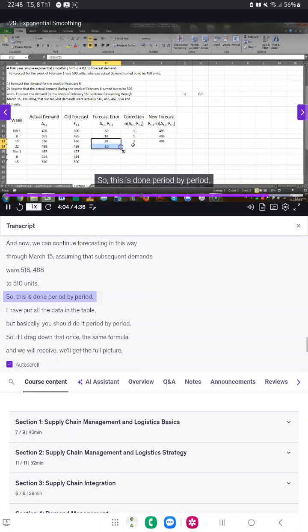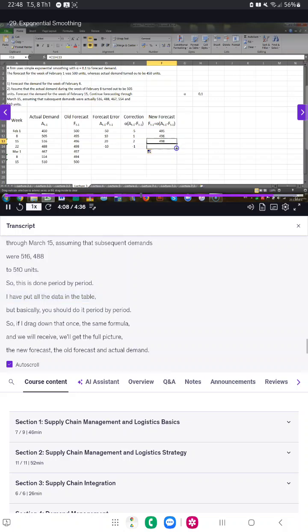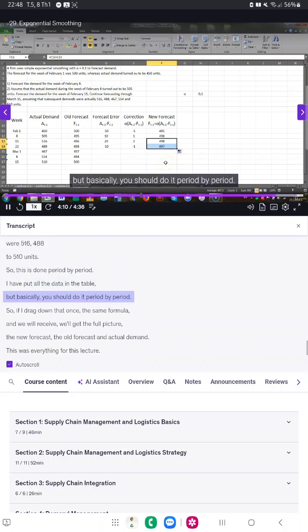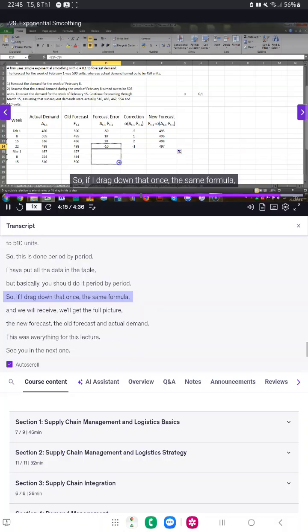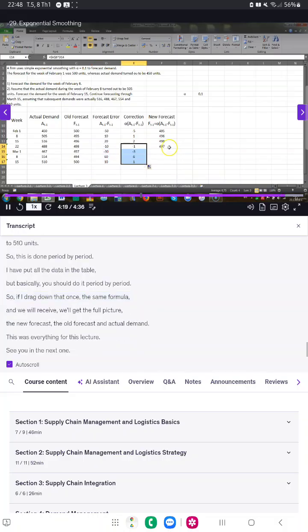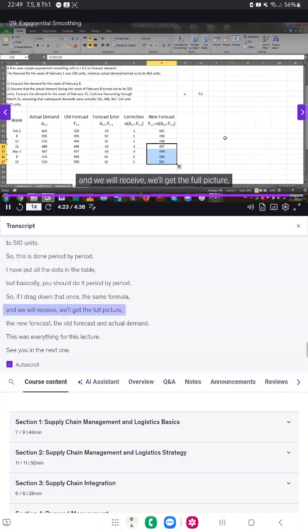So this is done period by period. I have put all the data in the table, but basically you should do it period by period. So if I drag down at once the same formula, we will get the full picture: the new forecast, the old forecast, and actual demand.